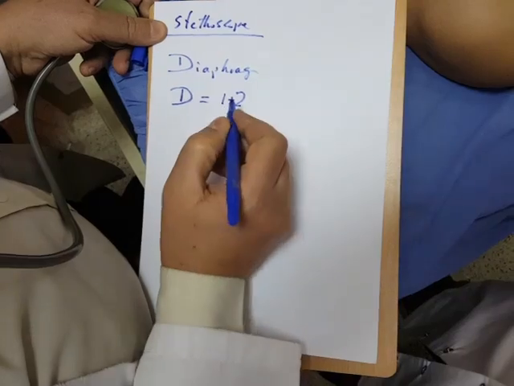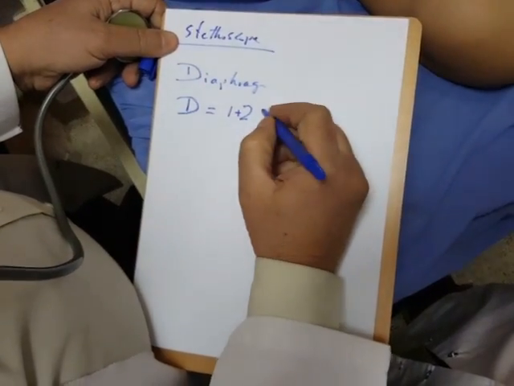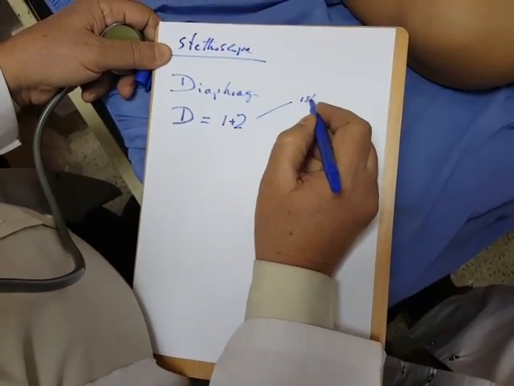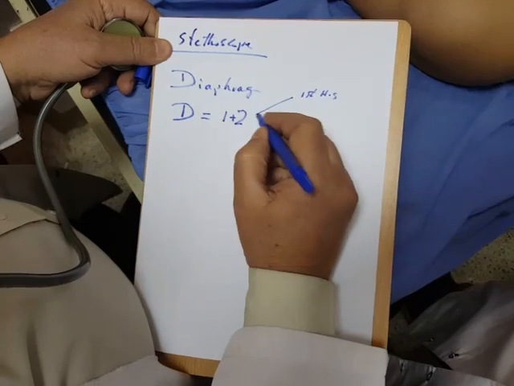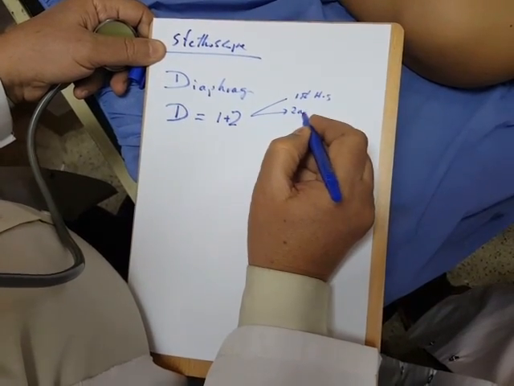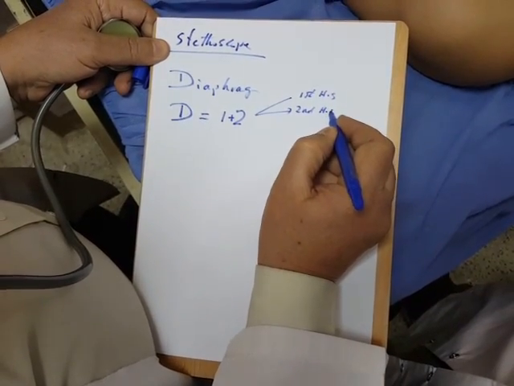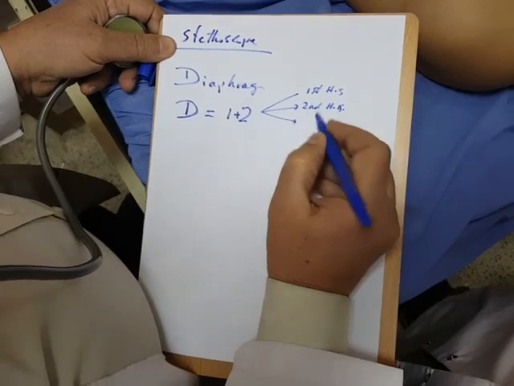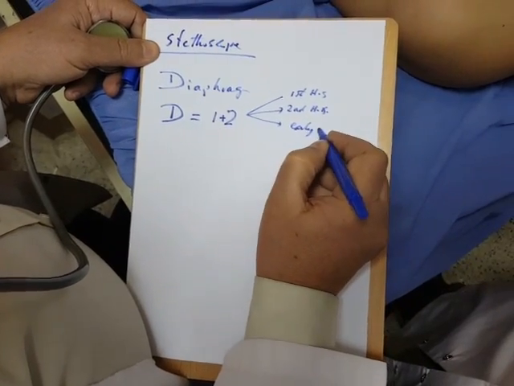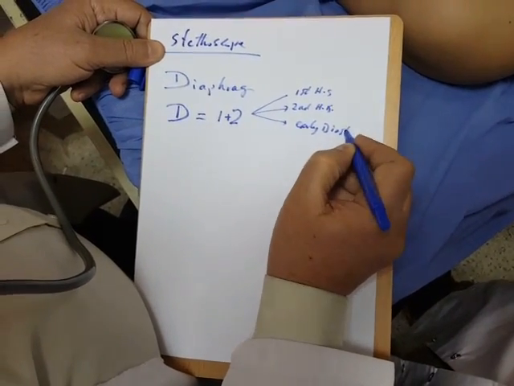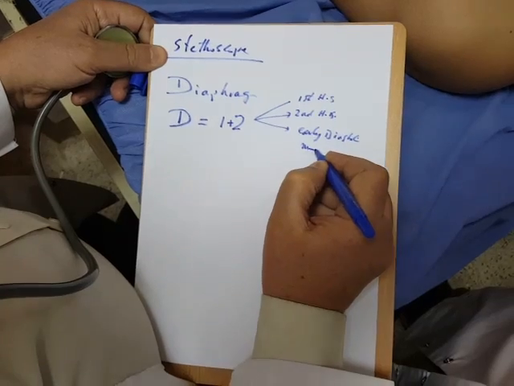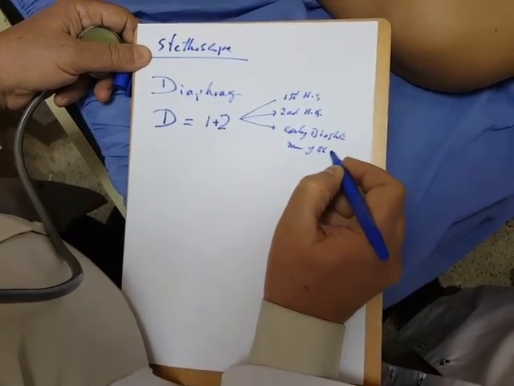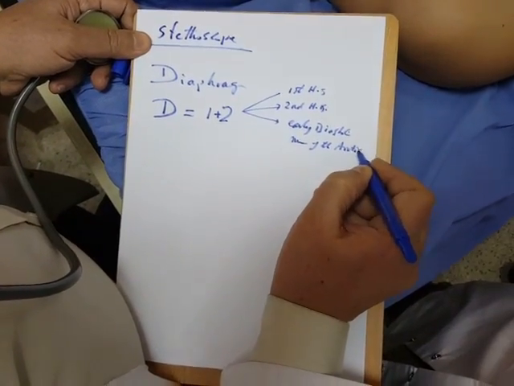Okay, making D. Therefore, it is the first heart sound, the second heart sound, early diastolic murmur of the what? Aortic incompetence.